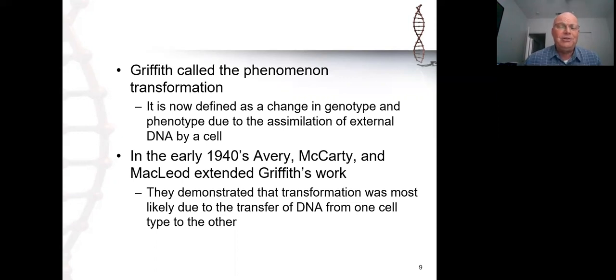All you needed to do was to have an extract from the S cells and expose the living R cells to that extract, and whatever it was in that extract that could do the transformation, the R cells would pick up and get transformed into S cells. And so they followed up with this by treating solutions of these extracts with enzymes to destroy 3 different molecules.